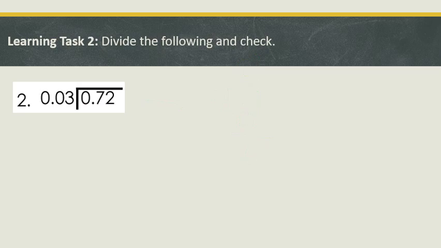Sa number 2, ganun uli, adjust natin siya. Ito ay 300s. Ilang move tayo papuntang kanan? 1, 2. Okay, so siya ay magiging 3. Kung dalawa ang minove natin doon sa 300s, dalawa din sa 7200. So, 1, 2.